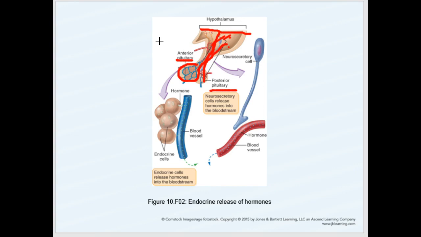Hormones will have a lot of blood vessels around them that will collect the hormones that are being secreted. They go into the bloodstream and they go to the target organ. Now, the other thing to make note is that hormones are made specifically for their receptors. We'll have hormones that are made specifically for the thyroid gland.